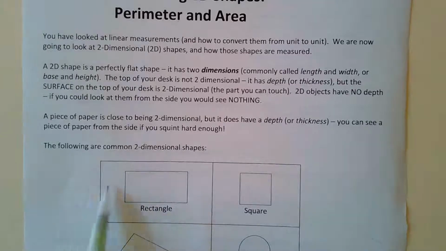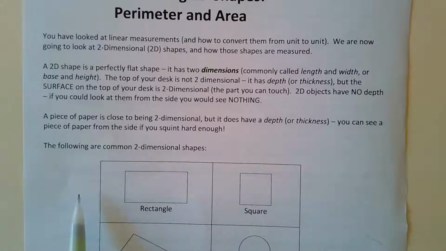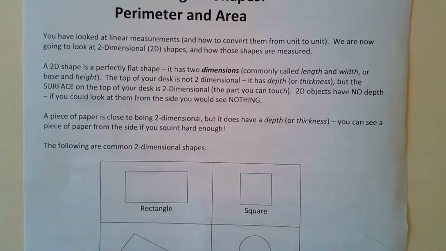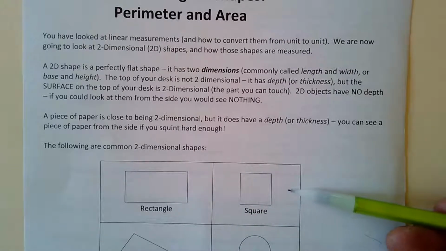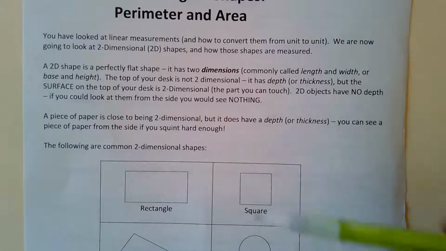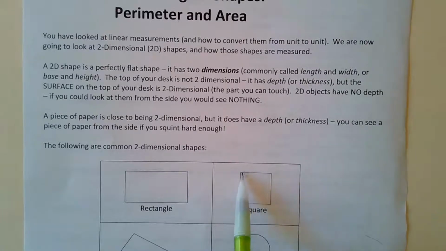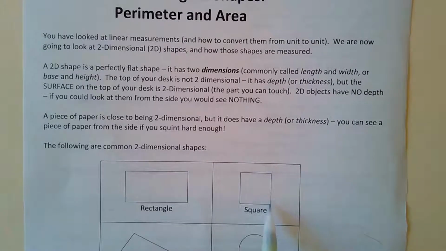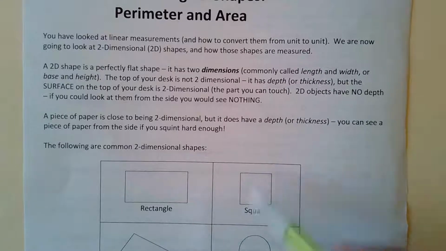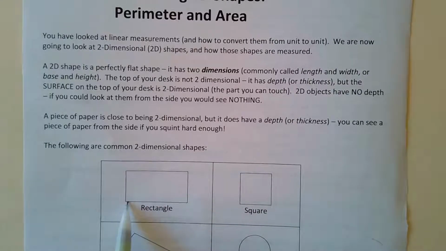So if you look from the side, you'll see nothing. There's no height. Same with the square here. You can't see anything from the side looking this way. But from the top, you can see there is a length or a width, whichever way you want to look at it. Here we have this width or the length, and this would be the width.